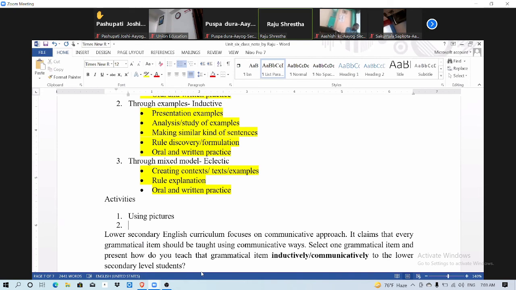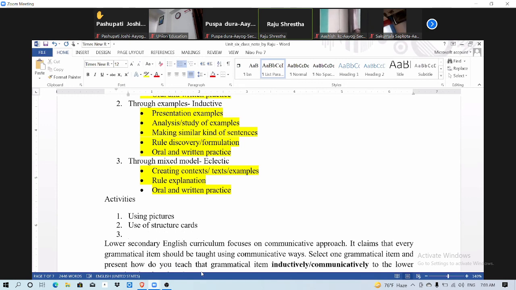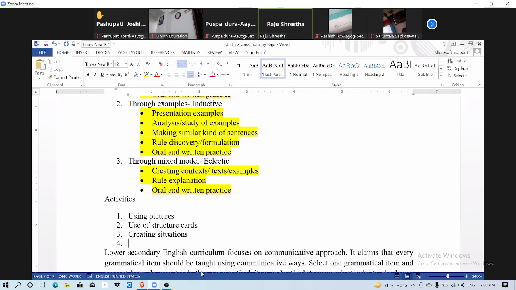Then we can use cards, structure cards, so that it is a bit communicative: using pictures, use of structure cards, then creating situations. We can use these, and we will discuss these things tomorrow as well.